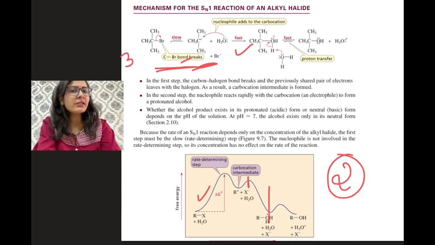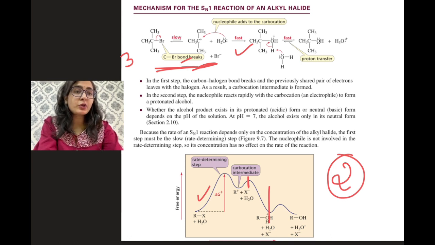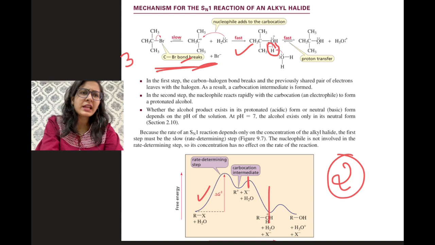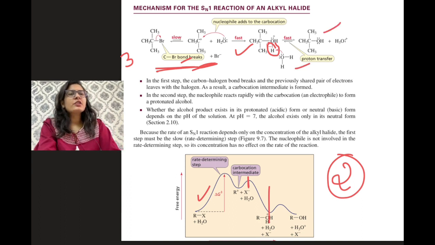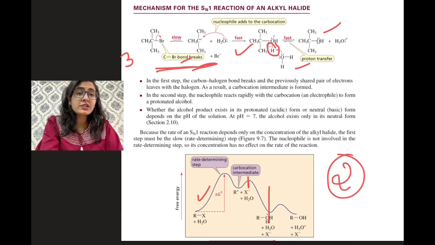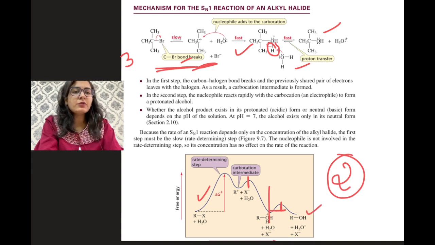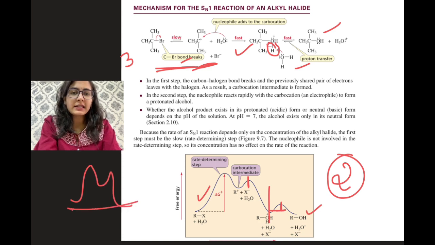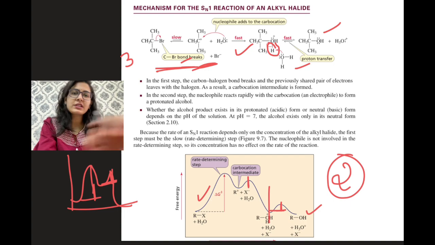But in this mechanism, it is shown that when water is attacking, one of the excess protons is also going to be taken away by the solvent molecule. After that, you are going to get this step. So the solvent exchange, the proton exchange, is also always fast. So this last step is the proton exchange that you are getting. Okay, fine. But usually we write the graph like this in the SN1 mechanism. That is, you have one step with a very high activation energy and the other step with a very low activation energy. Just that.